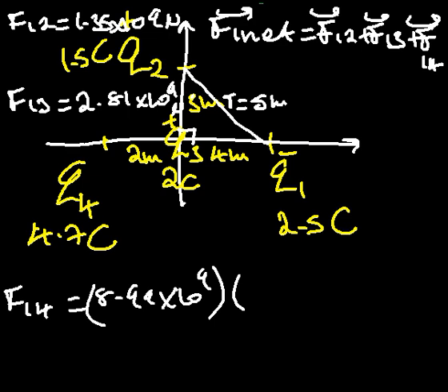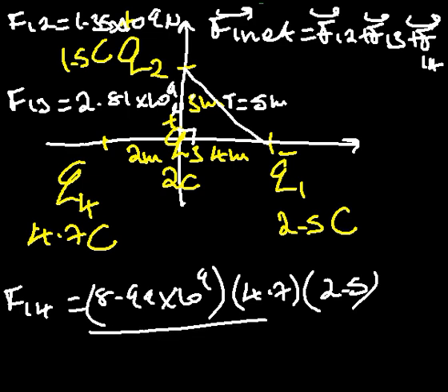Now we are looking for F14. What is the charge 4? We have it as 4.7, times charge 1, 2.5. Divide by the separation distance, which is 6 meters. So 6 to the power 2, we have it as 36.